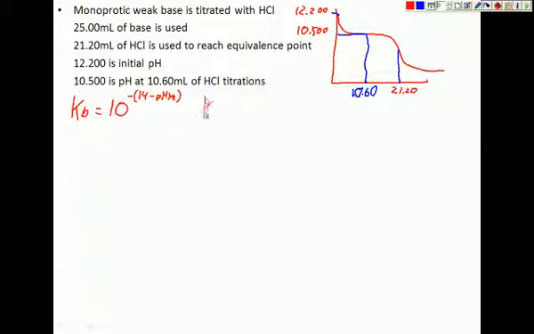In other words, Kb equals 10 to the minus 14 minus 10.500, so Kb equals 10 to the minus 3.500, and Kb equals 3.16 times 10 to the minus 4.